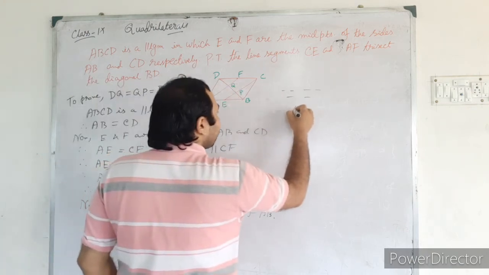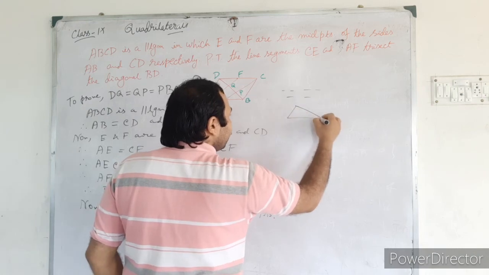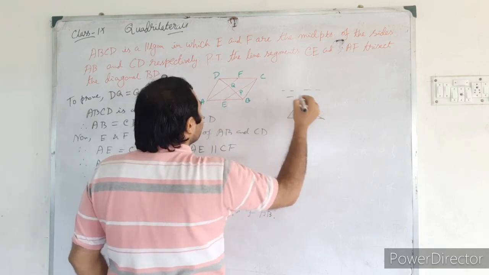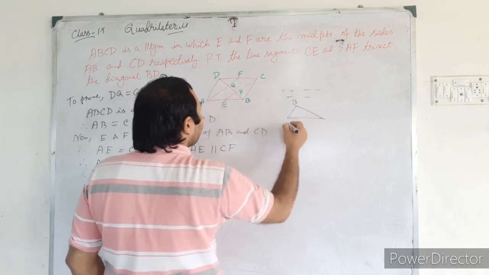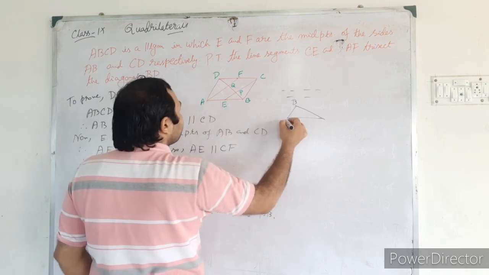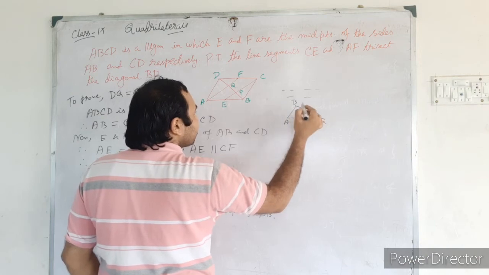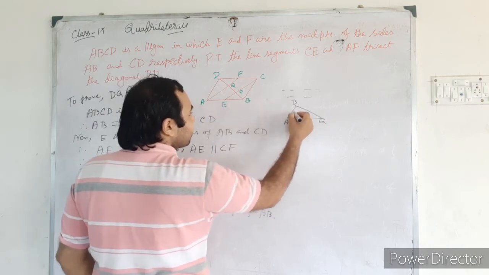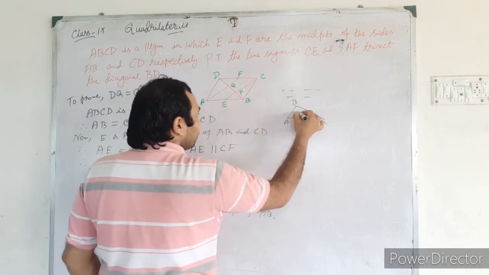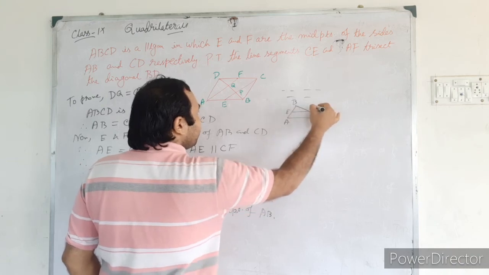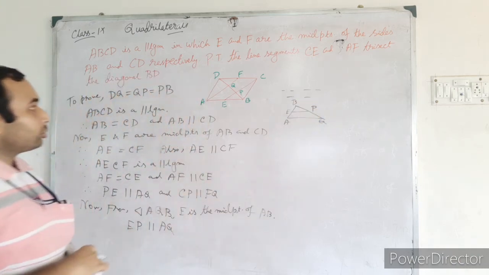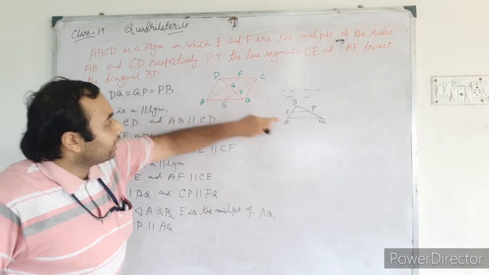If we draw the triangle for you like this, then say this is B, this is A, this is Q, and AB is there. So this is E, yes, this is E and this is P. We are just drawing this triangle in this way.